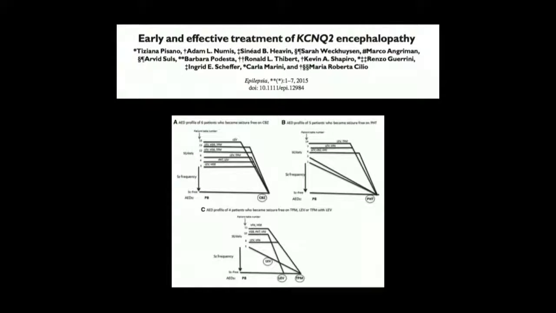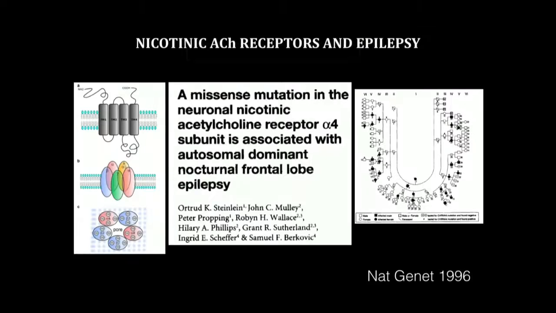An interesting observation, however, is that these patients tend to respond to sodium channel blockers, probably because of the interaction between sodium and potassium channels on the cell surface. And if they are treated promptly and seizures go into remission, the chances of having a good neurological development are much enhanced.